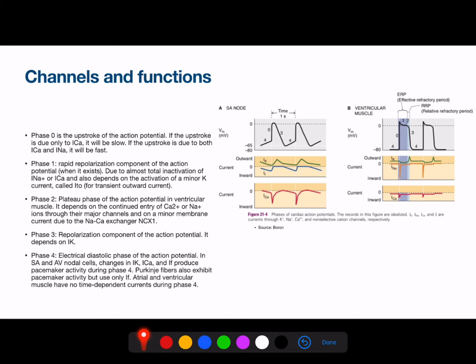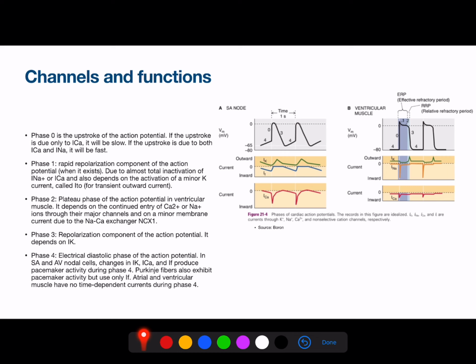So some potassium channels open and there's a repolarization for a short time. This then activates some calcium and sodium channels again, which leads to the plateau phase. Again, this is not present in the SA node and AV node. This is only present in the muscle cells of the heart.